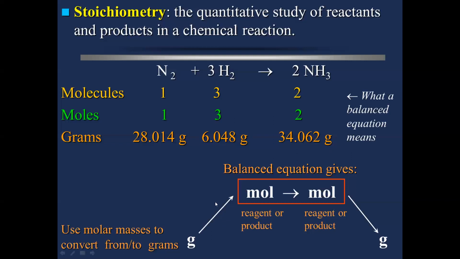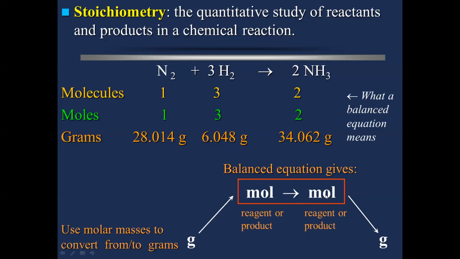For example, if we know the grams of one reactant, and the other reactant is in excess, then we can calculate how many moles of that reactant, and from this mole-to-mole relationship, we can calculate how many moles of the product.